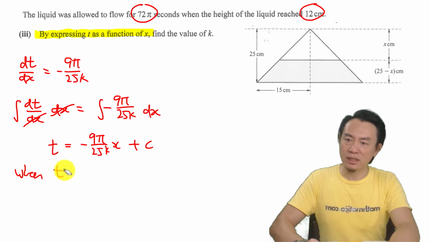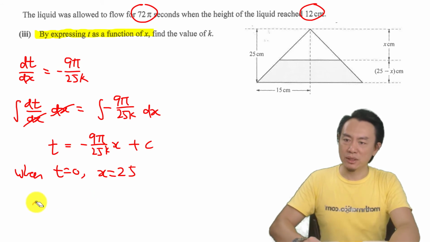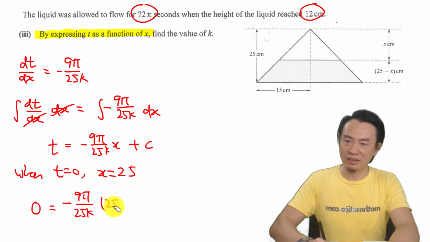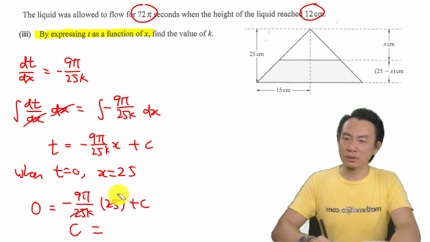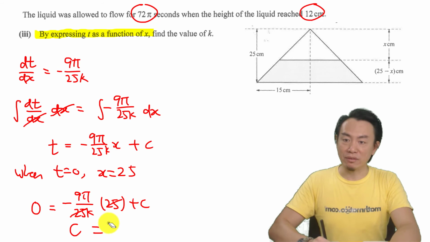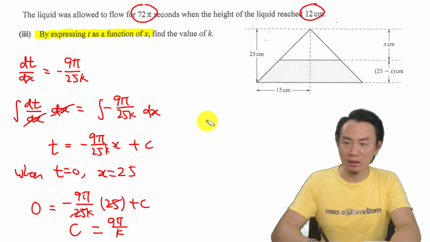When t is equal to 0, x is equal to 25. So 0 is equal to negative 9 pi over 25k times 25 plus c, and so c is equal to, this 25 cancels, then you bring this over, you have 9 pi over k. Yup, c is equal to 9 pi over k.